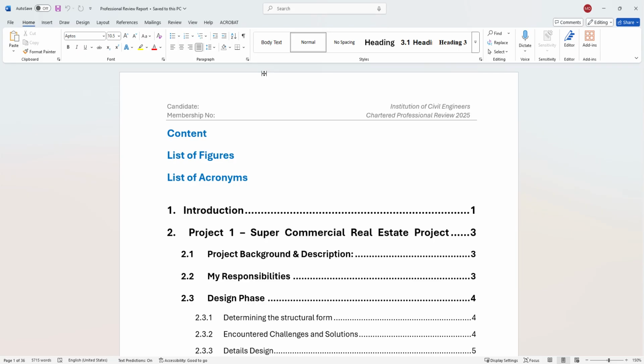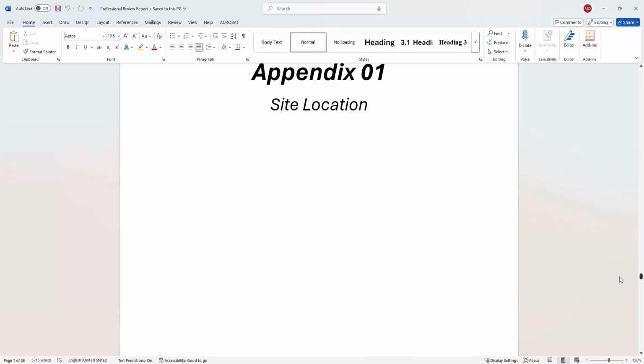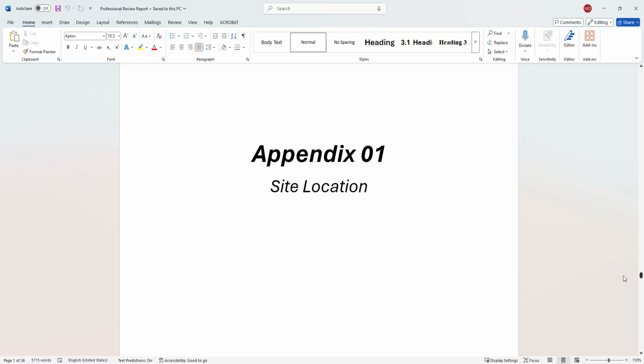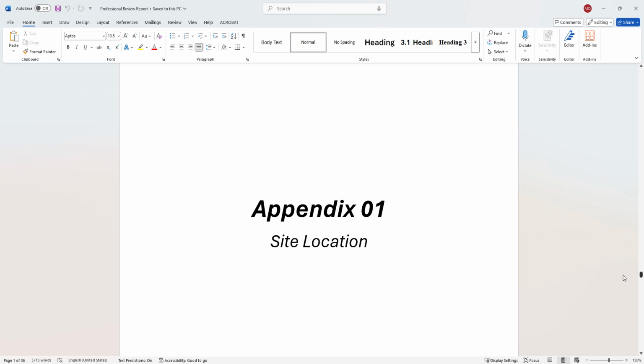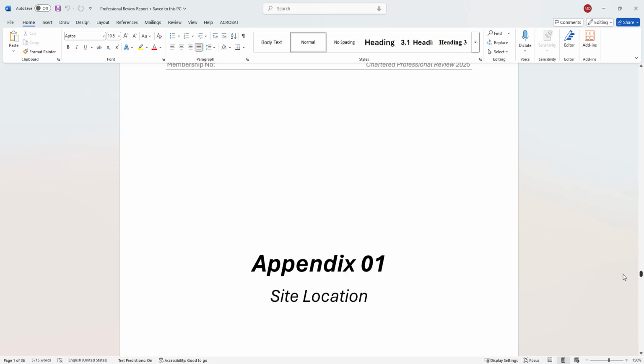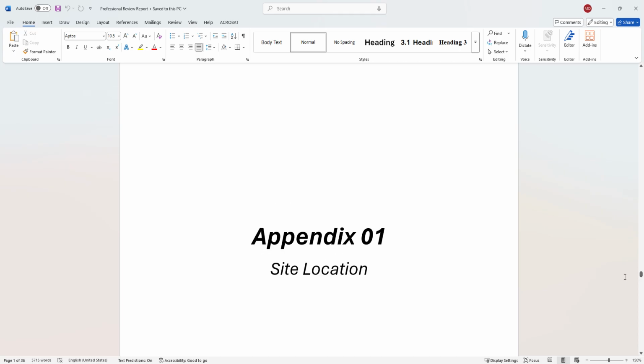Now, I'm just going to scroll down to the very end so you see how the appendix section looks. These are the appendices. I've taken out the drawings for privacy reasons, but just to let you know, these are the sort of information required. There are about 10 documents or drawings.